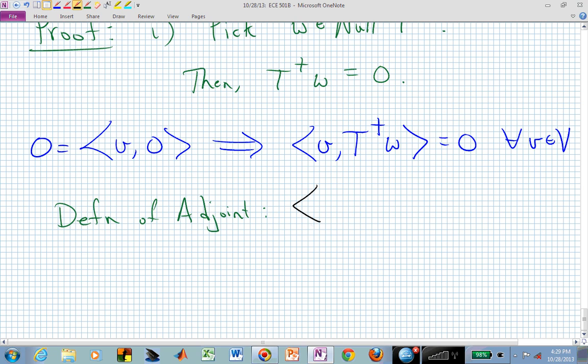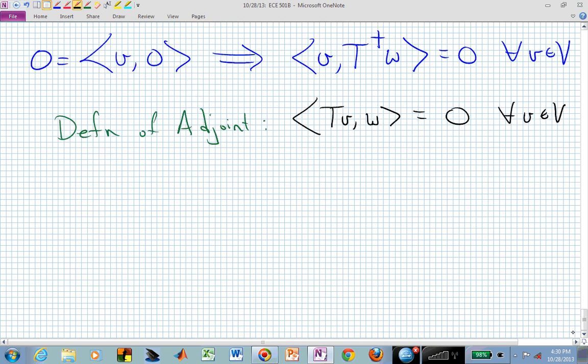If I now play this tape in reverse, we've been going TV inner product with W is equal to the inner product of V with T dagger W. So if this is 0, then TV inner product W is equal to 0 by the definition of the adjoint, for all vectors V. But what's that tell us?